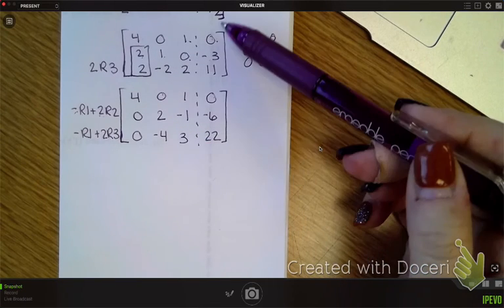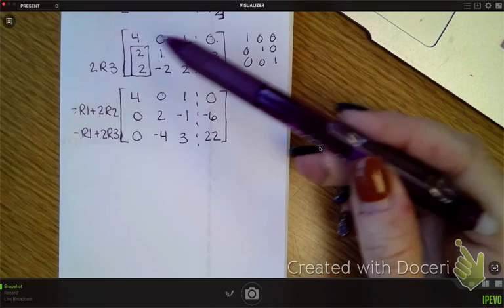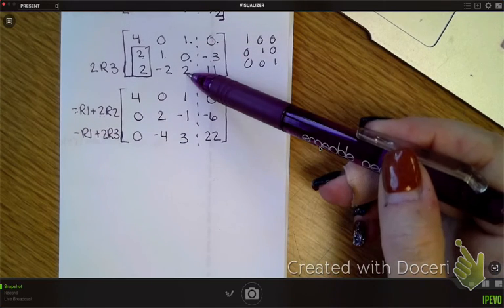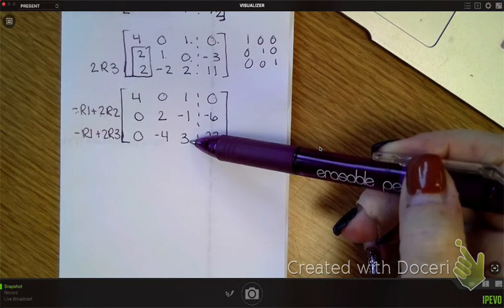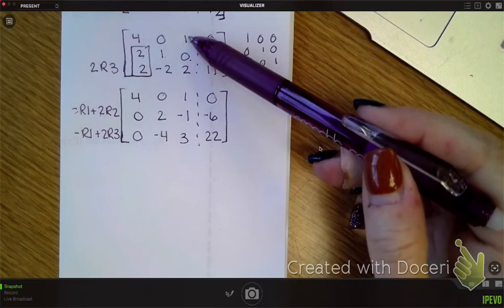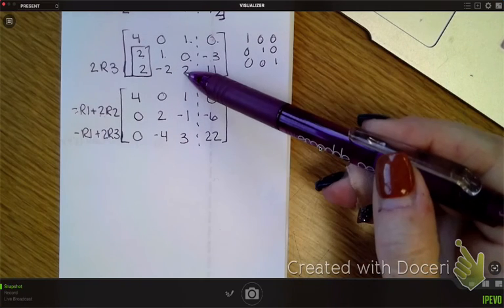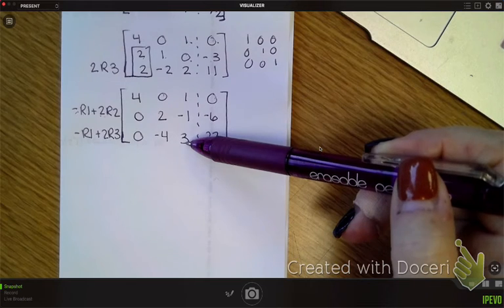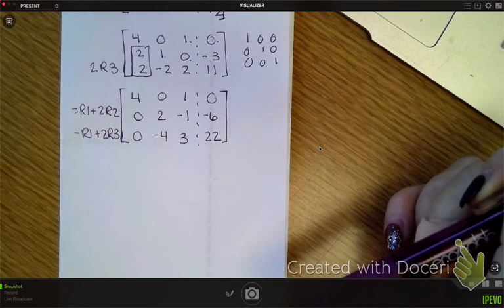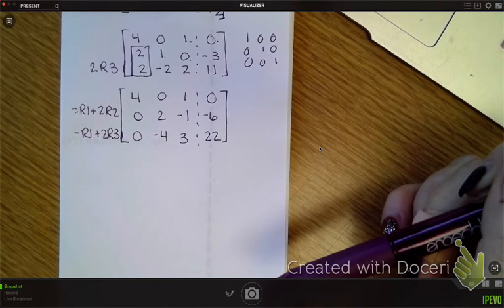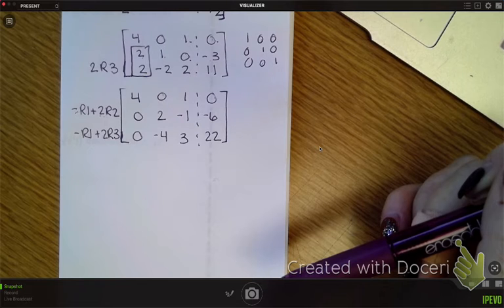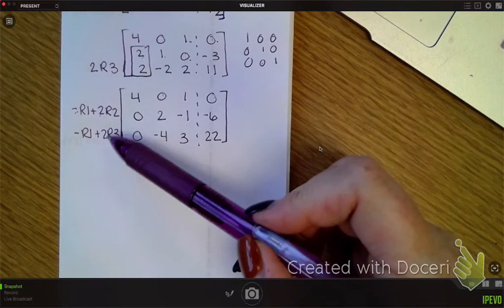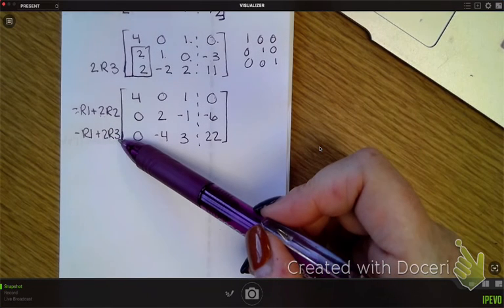Why did you get 2? Because negative 1 plus 4. Because negative times 1 would be negative 1. 2 times 2 would be 4. So negative 1 plus 4. So what are you doing with the 2R squared? Do you times it? No, wait, I don't have a 2R squared. 2R3. Okay, I'm multiplying row 3, that's the R3, by 2.